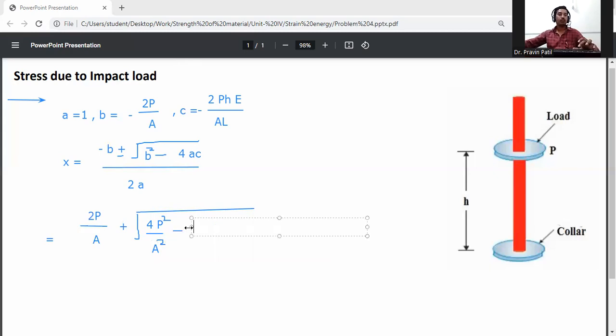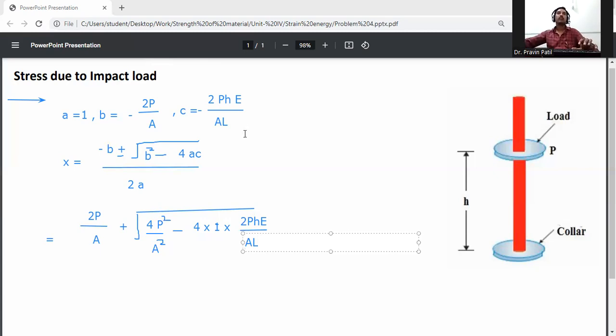Minus 4 into a, which is 1, into c, which is minus 2phe divided by al.